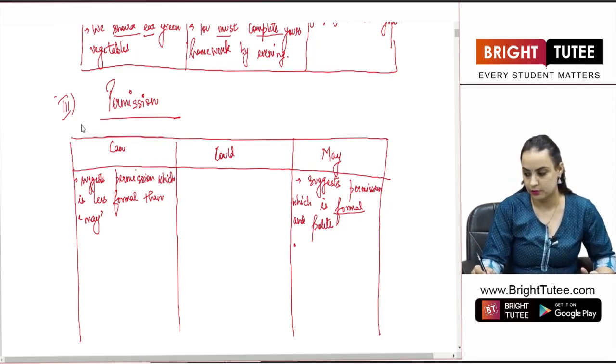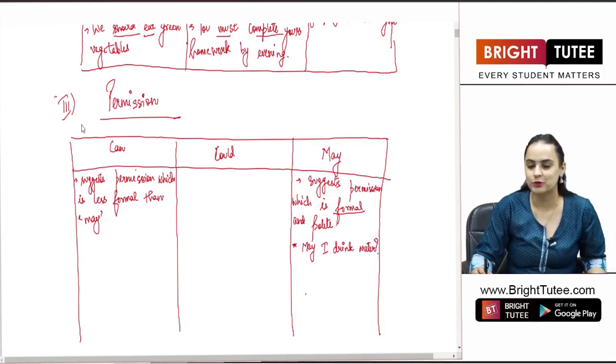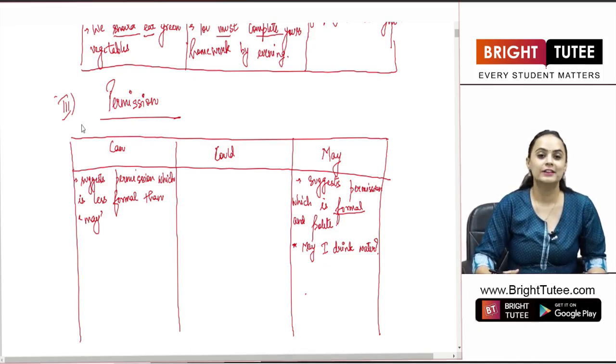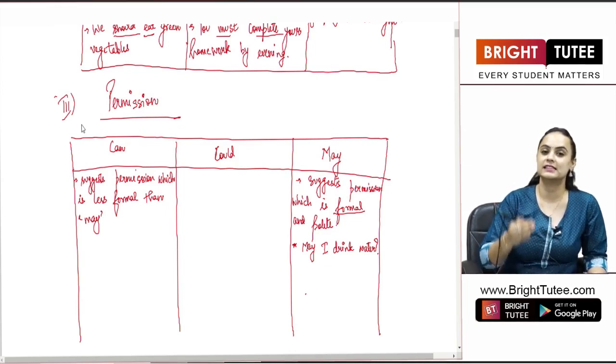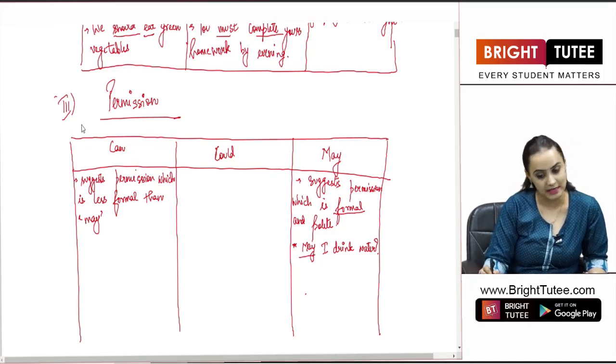For example, may I drink water? This is usually the permission that the teachers are habitual of listening to. The students ask their teachers if they can drink water, and since it is a very formal and polite permission, that is why we use may.